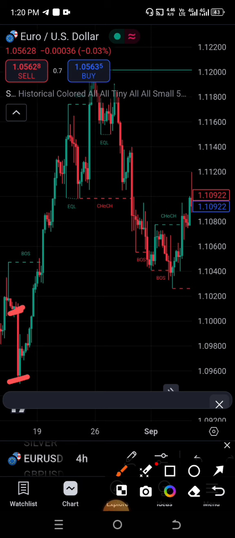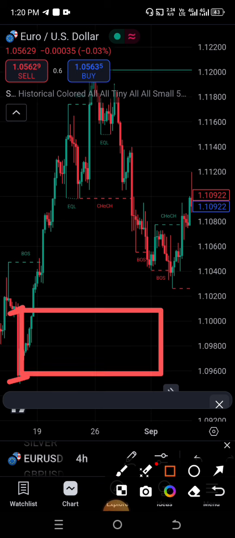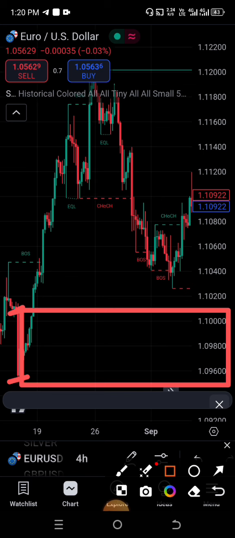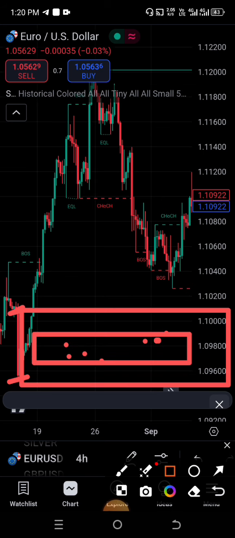And if you project this order block forward, let's just draw a box, a rectangle like this, and you project it forward. All this place here is your point of interest or your area of interest. I don't know if you understand.